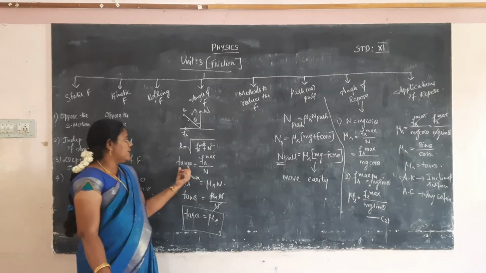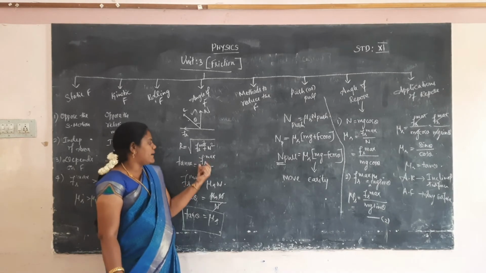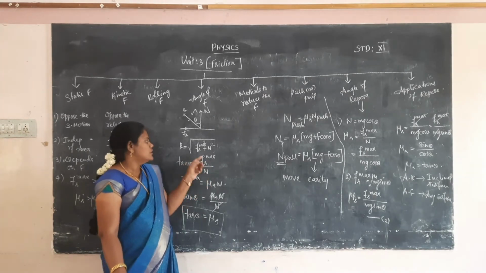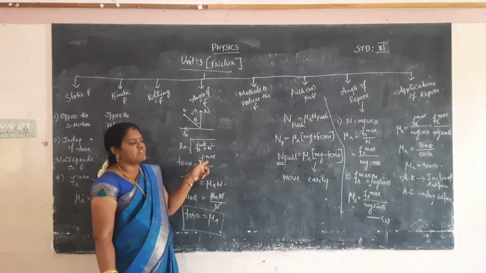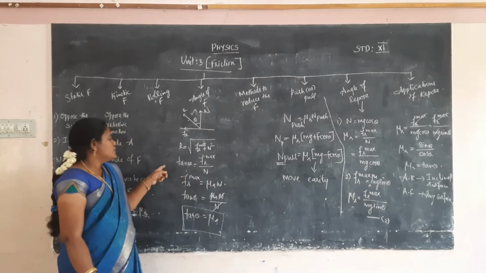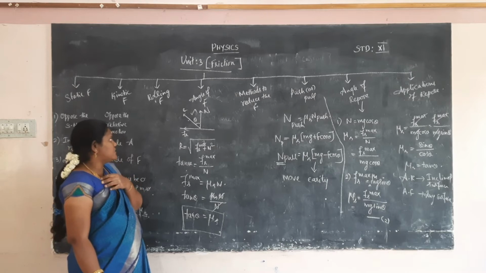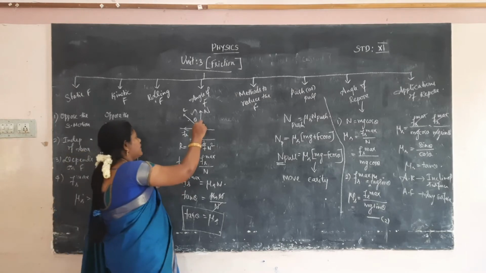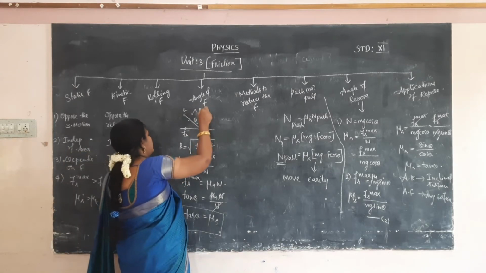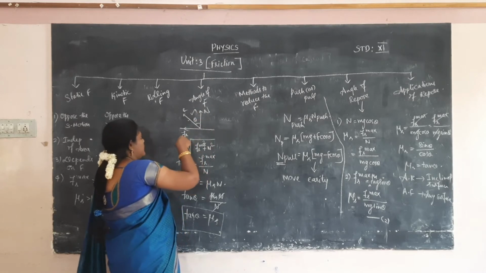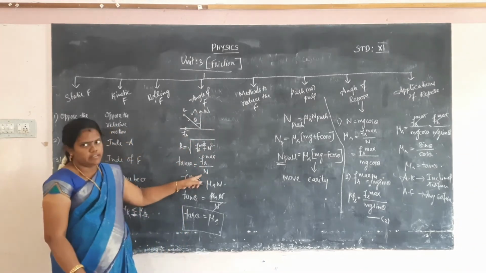Okay. So tan theta is equal to the static frictional force divided by N, the normal force. The ratio of the static frictional force and the normal force gives tan theta. So tan theta is the opposite side by the adjacent side. Theta is the angle. The opposite side is the frictional force, and the adjacent side is N, the normal force.